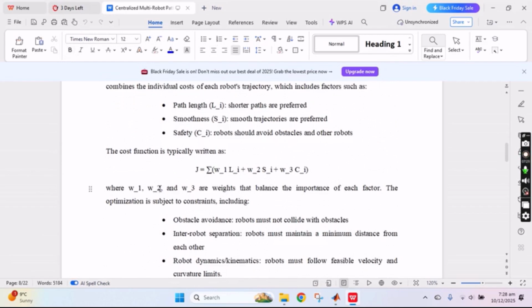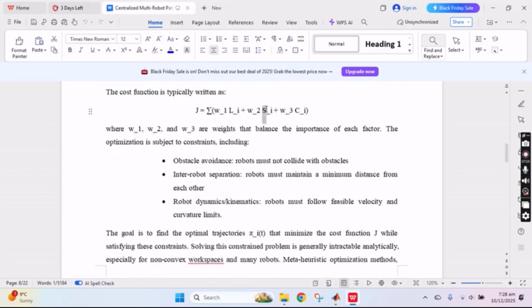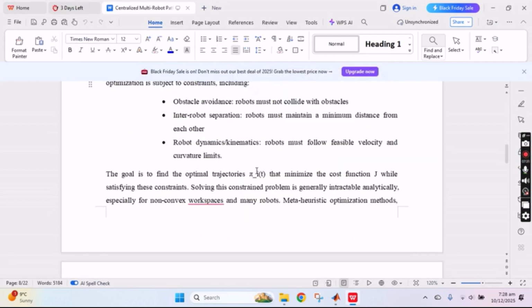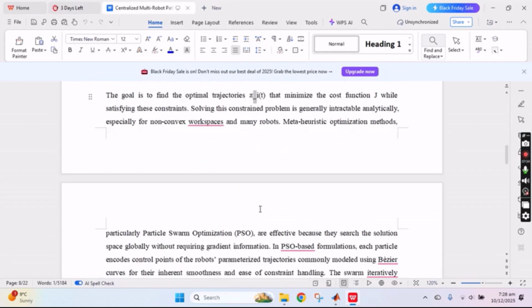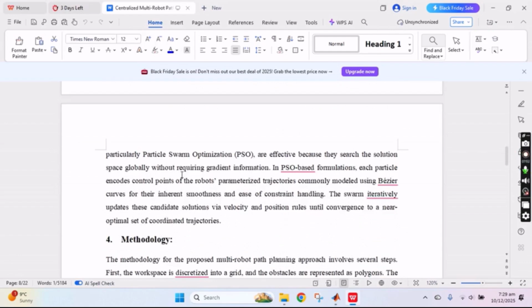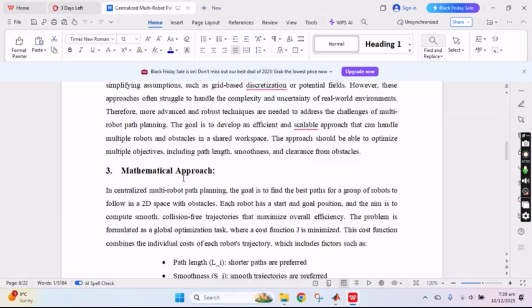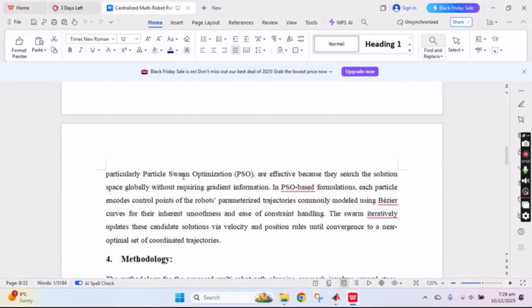Path length with the smoothness and the safety also covers the times of trajectories and minimum cost function, called J. The metaheuristic optimization method is basically the PSO algorithm, used in terms of gradient information, in terms of Bezier curves for their inherent smoothness, and constraint handling.